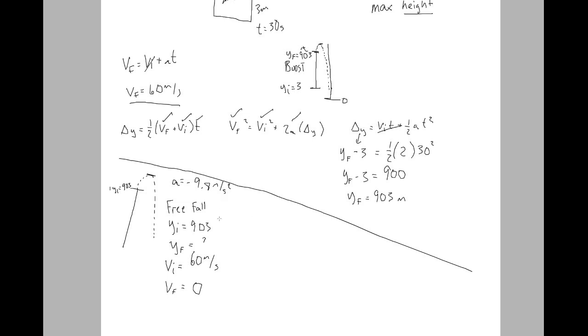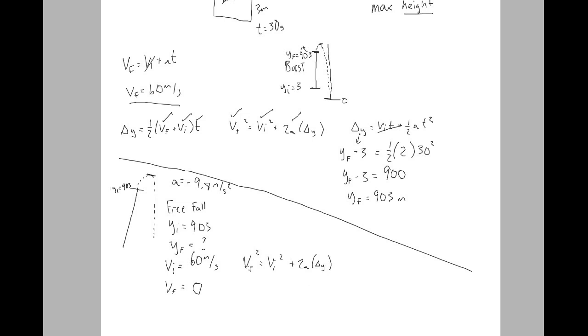So I know acceleration, I know my initial and final velocities, but what I don't know is y final, and another thing that I don't know is time. So you should immediately think, oh, I don't know time. I should use the equation that doesn't have time in it. And delta y.